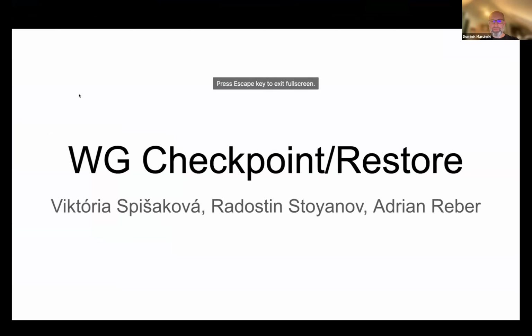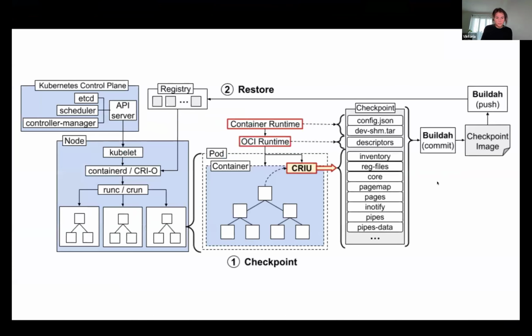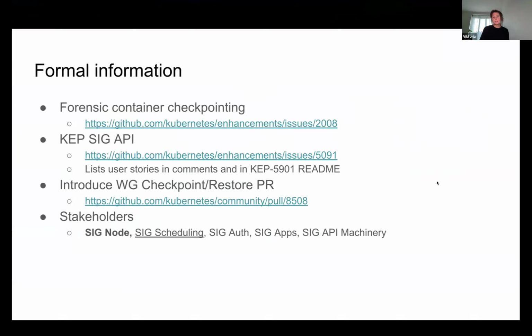Okay, so I would like to introduce you to working group checkpoint restore. We are working on this with Radostin, who is present here, and Adrian Reber. So just formally, checkpoint restore has been introduced into Kubernetes as forensic container checkpointing, which is now available as a feature.